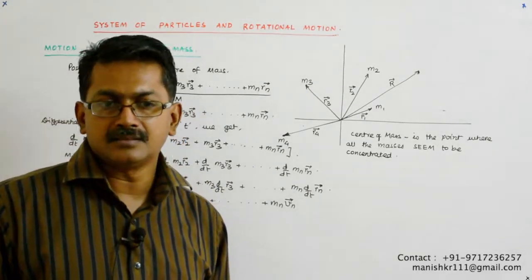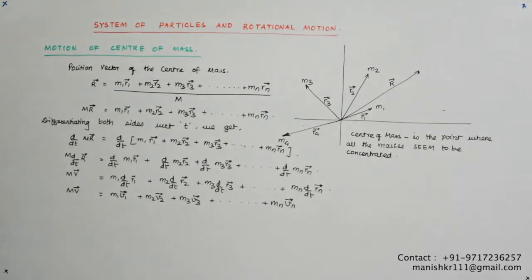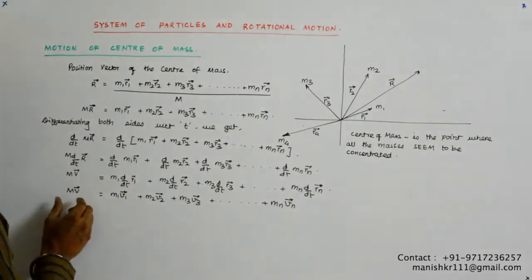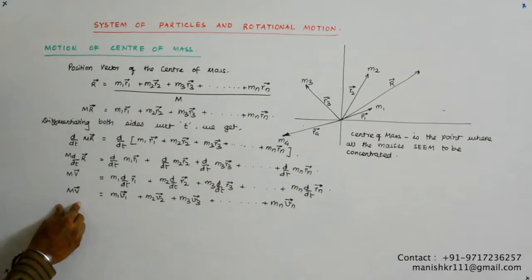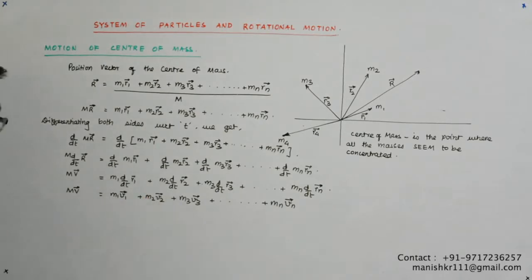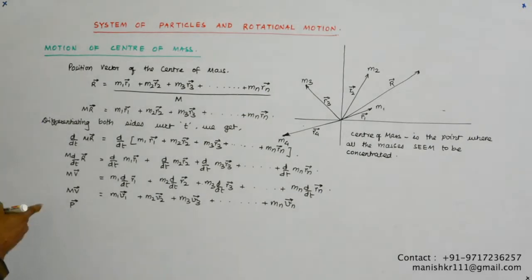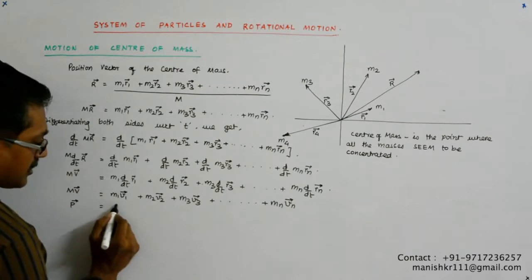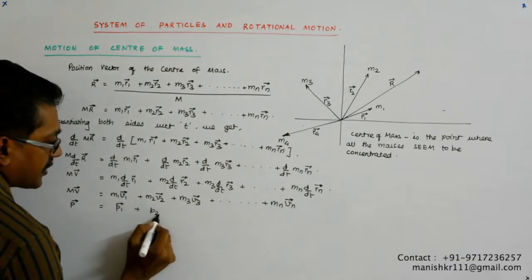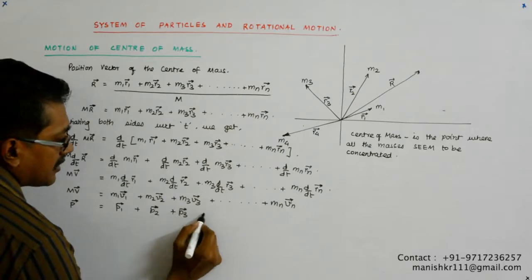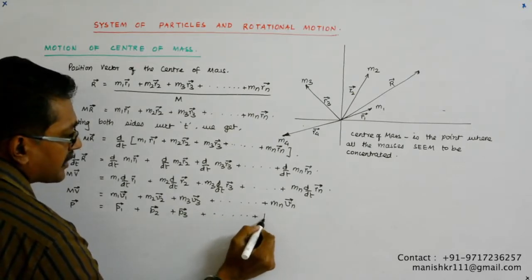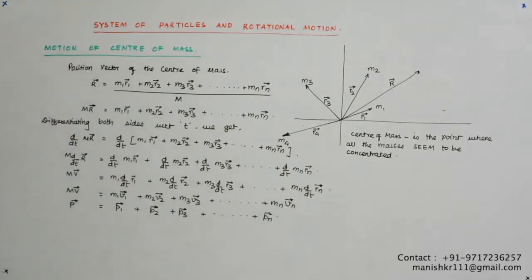Now what does that tell us? That tells us that the total momentum of the center of mass is equal to the sum of the individual momenta of the particles, right? If I mark it by P, which I reserve for momentum, and put capital P for the center of mass, that is equal to P1 plus P2 plus P3 plus Pn.